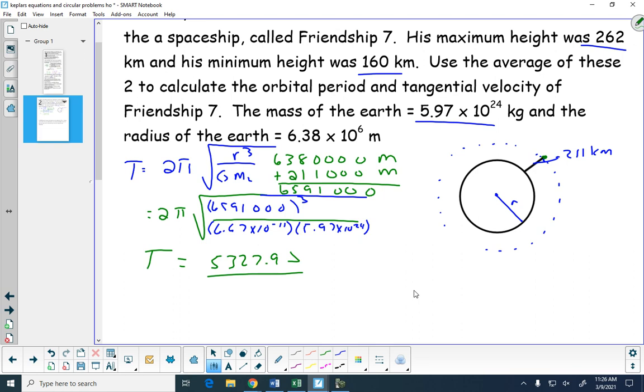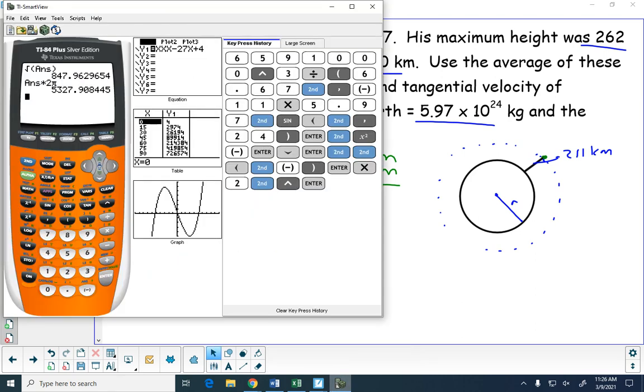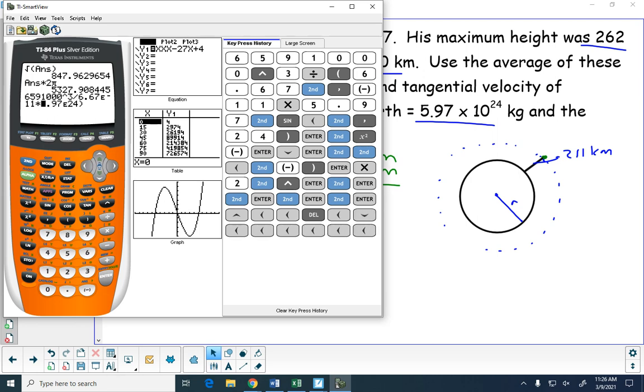Does that make sense? Everybody get that? Now, once again, if you go to your calculator one more time, if I do not put my parentheses there, what you have to do then is divide this twice.